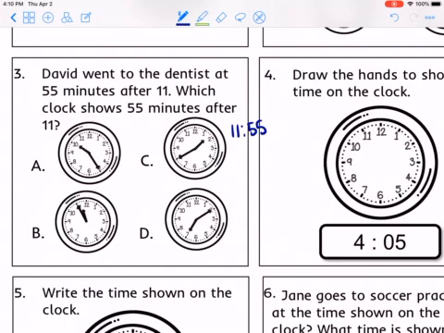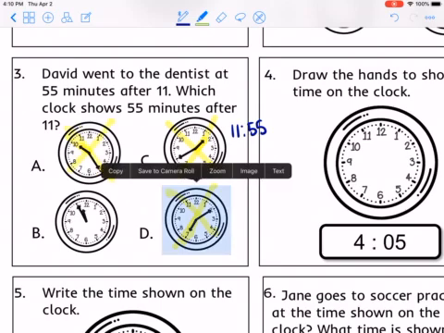So which of these has an 11 as the hour? That's between the 10 and the 11. The second one's between the 1 and the 2, so that's out. Let's look at D here. D, the hour hand's pointing at the 7. Nope, no good. A, it's between the 10 and the 11, which would make it the 10 hour, so that's not going to work.